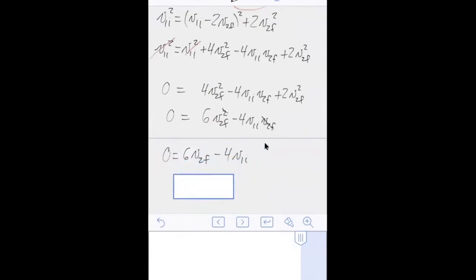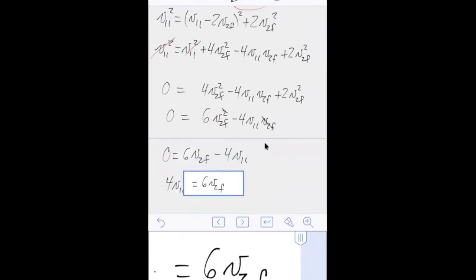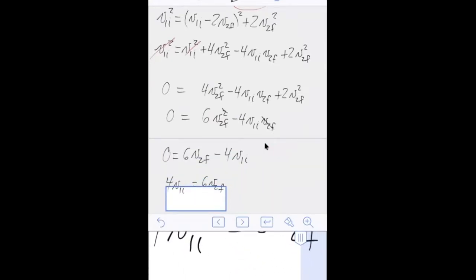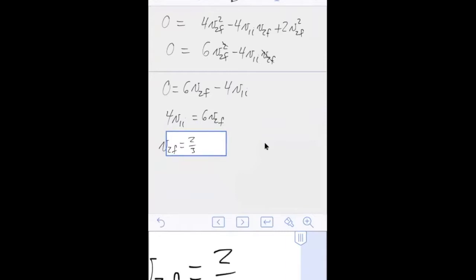Okay, so I'm trying to solve for v2f, so get those things on opposite sides. I'll have 4 v1i is equal to 6 v2 final, and then divide both sides by 6. So that's going to give me v2 final is equal to 2/3 v1i.